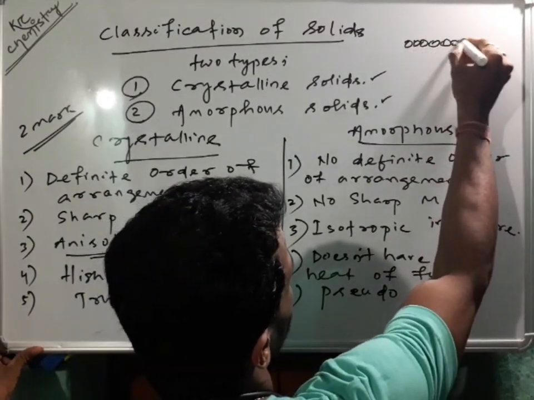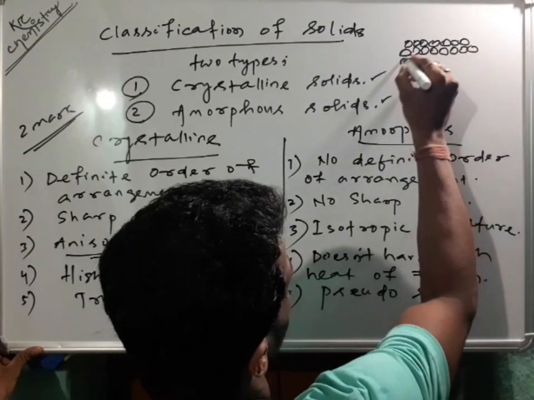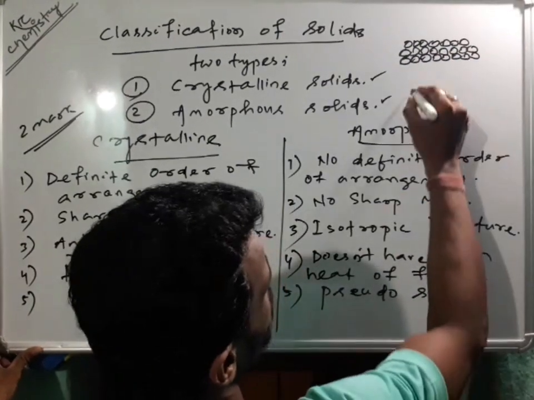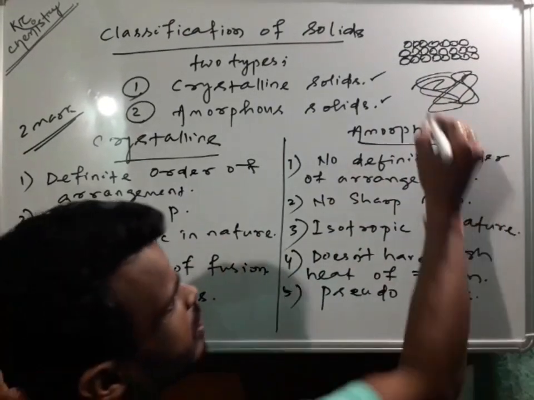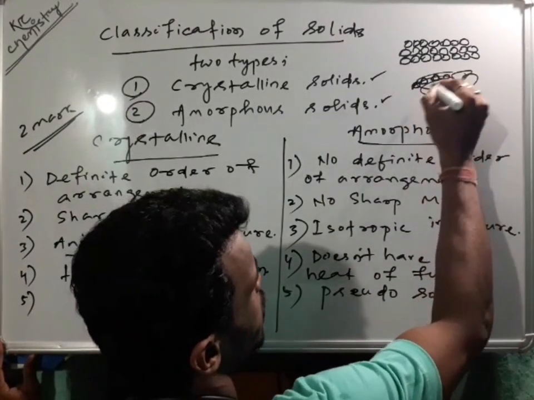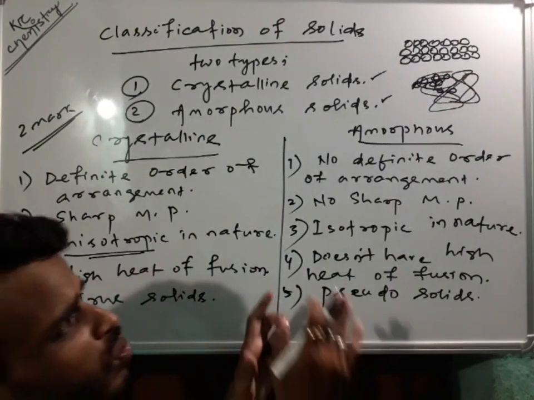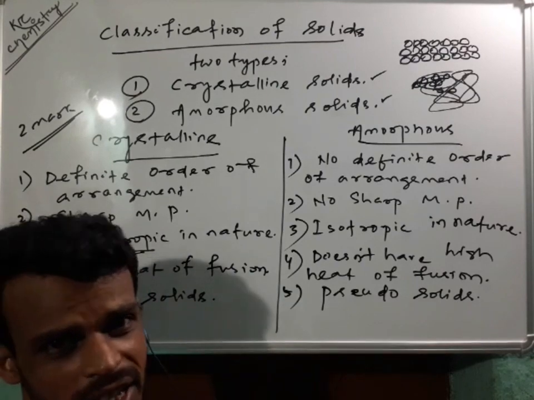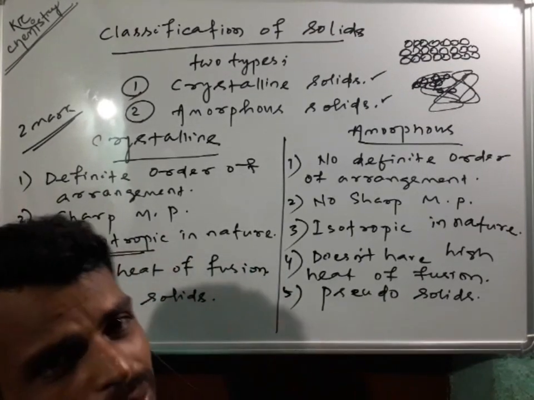But amorphous solids are not arranged orderly. These have no definite order of arrangement. Random arrangement happens in amorphous solids, so they are known as amorphous.